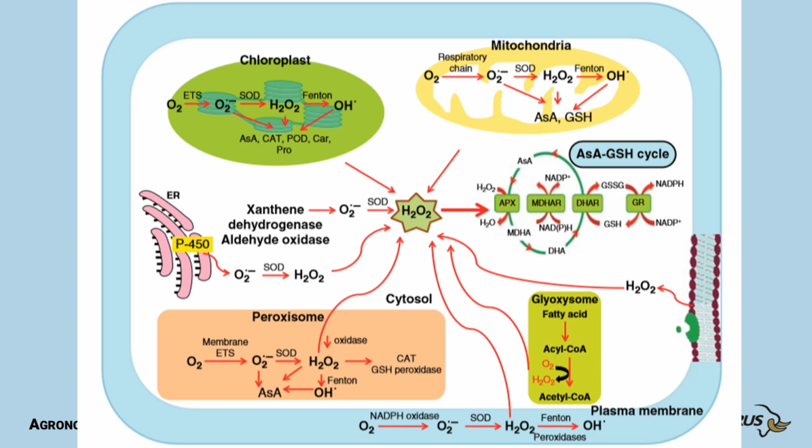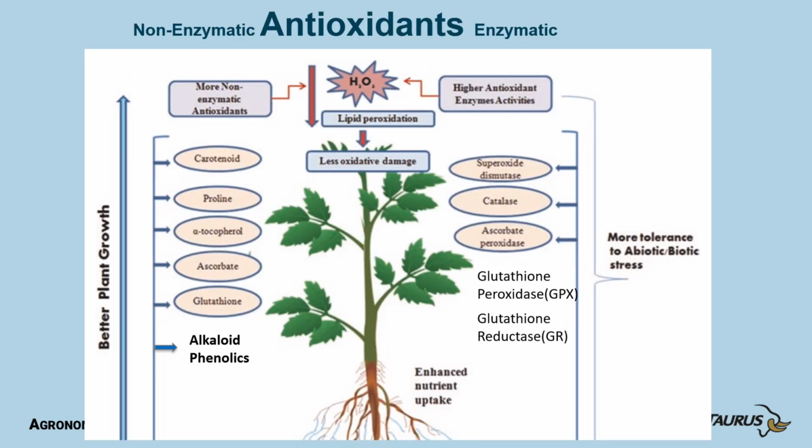So here are the non-enzymatic approaches: carotenoids, those colorful things, proline, an amino acid, alpha tocopherol, vitamin E in the oils of canola, ascorbate, vitamin C. All plants produce vitamin C to deal with antioxidants, and we take vitamin C for the same reason. We take glutathione for the same reason. It's a sulfur compound.